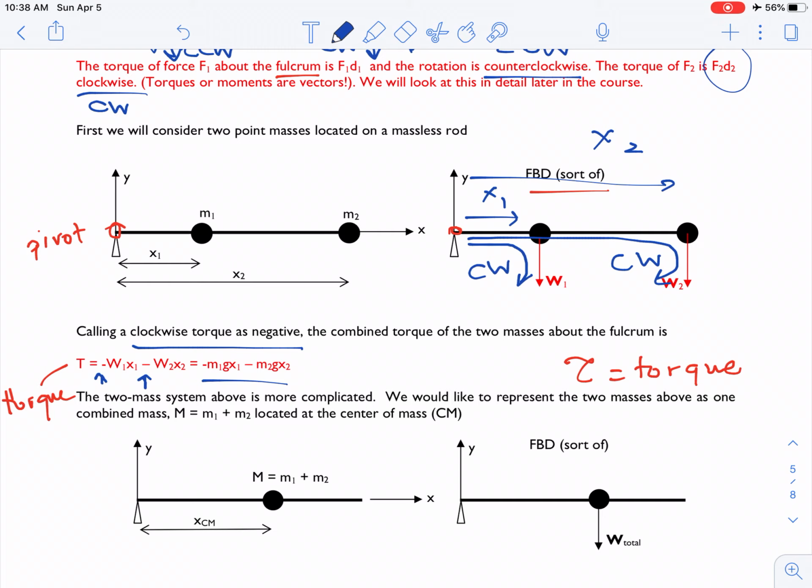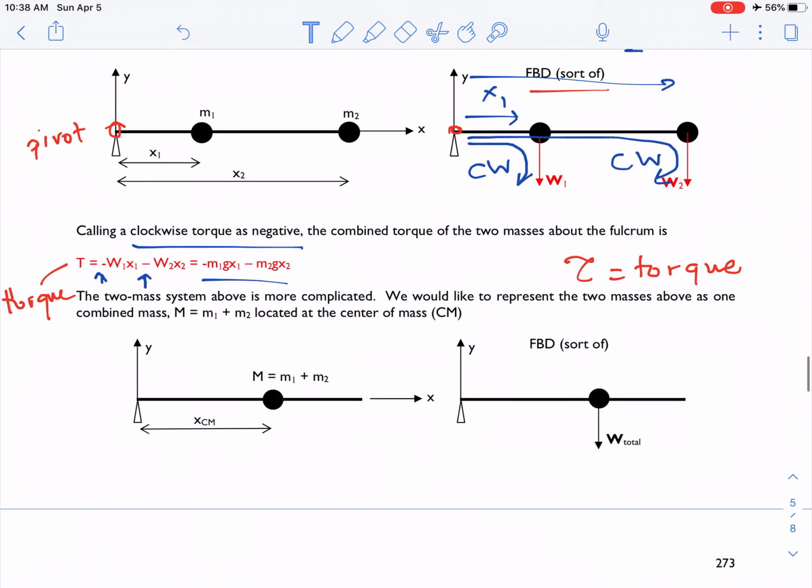So the two mass system above is more complicated, and we like to represent the two masses above as one combined mass. Okay, that's the goal. That means we can define little m1 and little m2. When you add them up, you get the total mass, capital M. And we can call that new location the center of mass location.